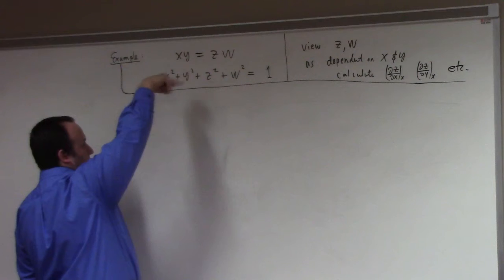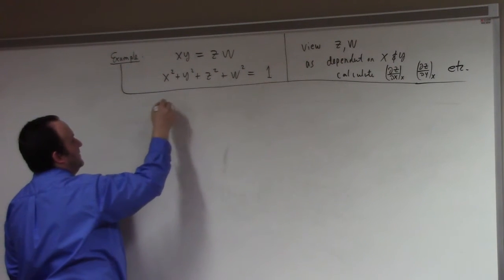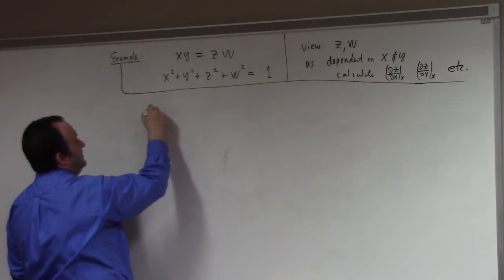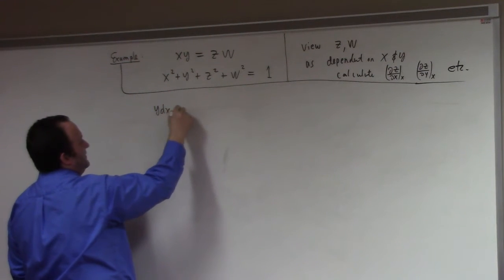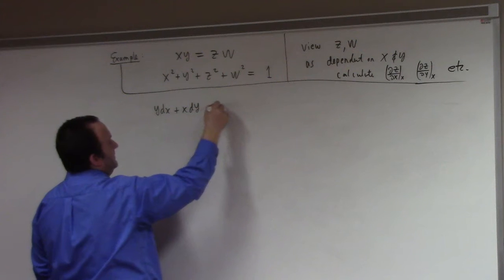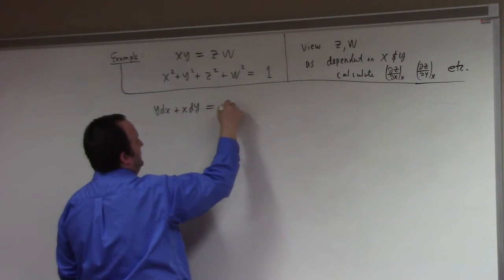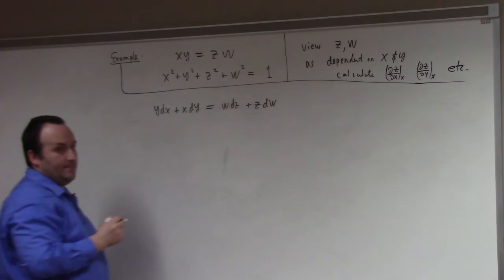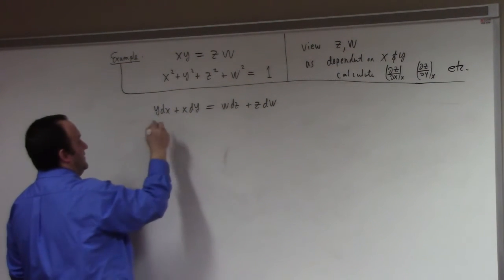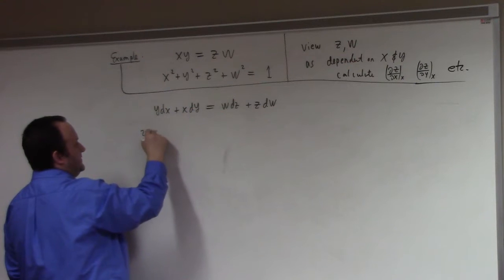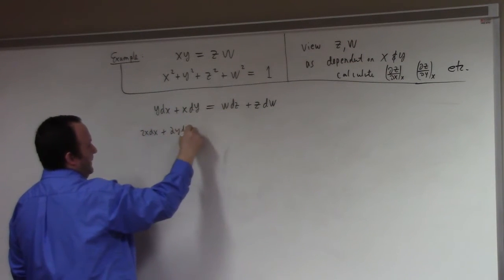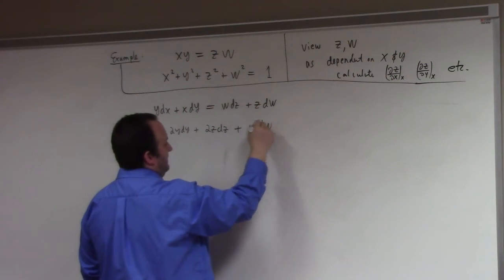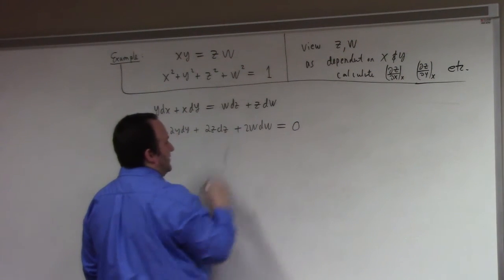What I would do is take the total differential of these equations. The first equation gives me y dx plus x dy equal to w dz plus z dw, right? And the second equation is 2x dx plus 2y dy plus 2z dz plus 2w dw equal to 0.